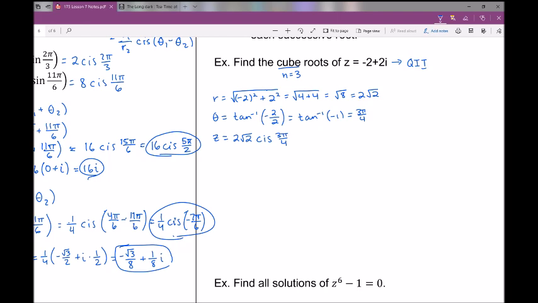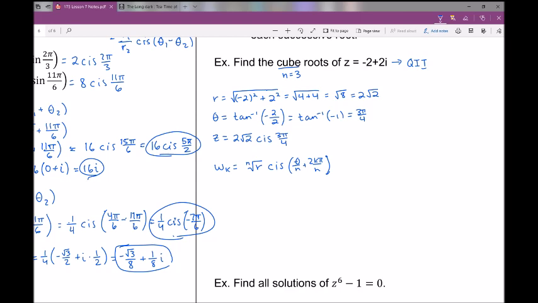So now what we want to do is find the cube roots of this number. So if we write down our big equation for our roots, we have the nth root of r, cis theta over n plus 2k pi over n. And I'm only writing it a little bit differently with the fractions split up in that argument because I think it'll make it easier when we actually go to find the other roots. So, let's see, what are we looking at?